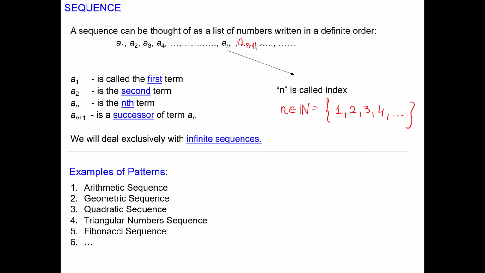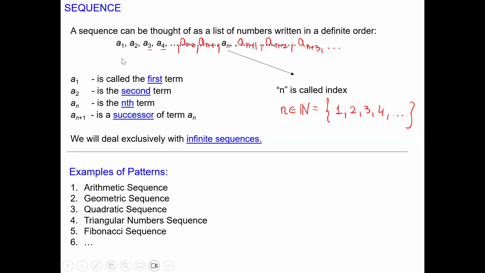Then the next one will be a sub n plus 2, a sub n plus 3, and so on. Also, we may need to define a term which is before a sub n. It will be a sub n minus 1, a sub n minus 2. Because we can see 4 minus 1 is 3, and the next one is 3 plus 1. So we can operate with any natural number.